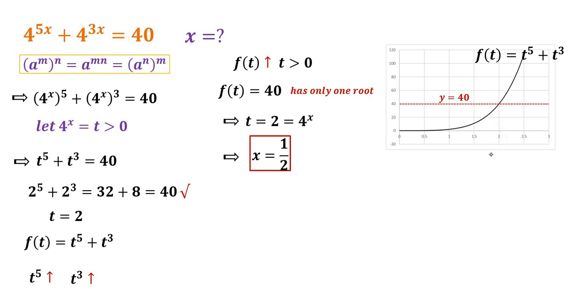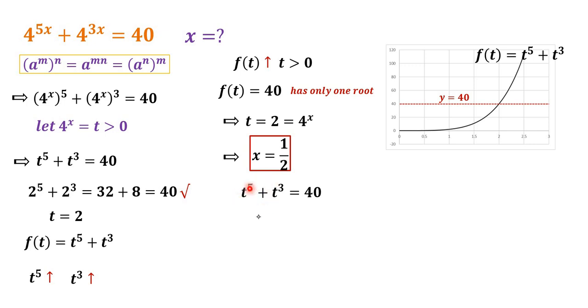So that is the only solution for f(t) is equal to 40. Since we already know that t is equal to 2 is one solution for this equation, we have an alternative way to determine if this is the only solution.